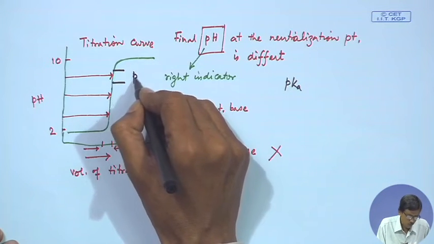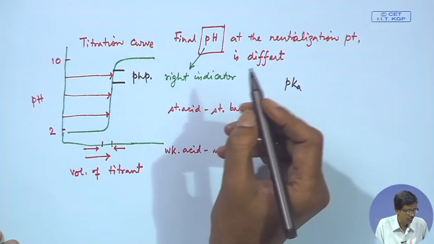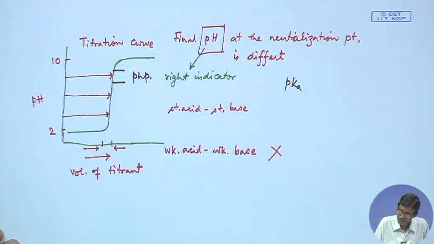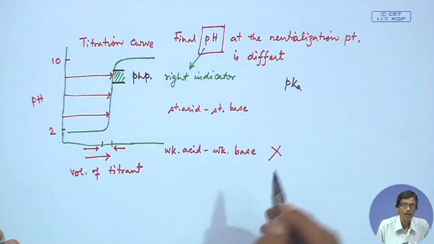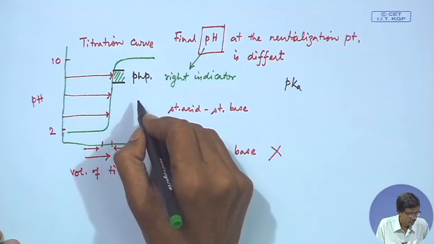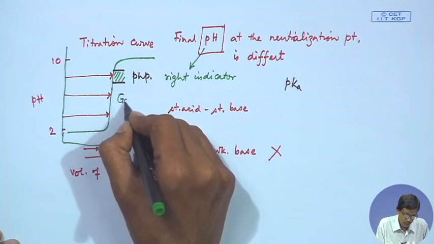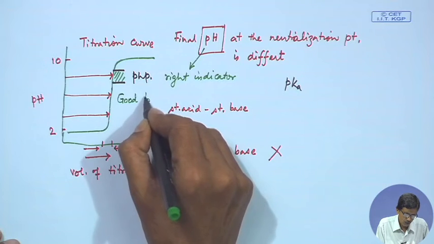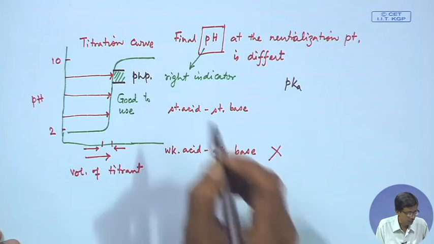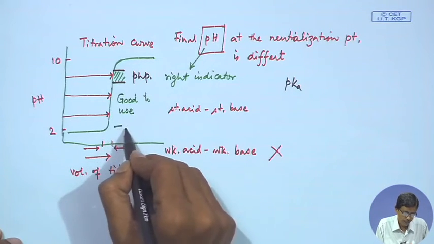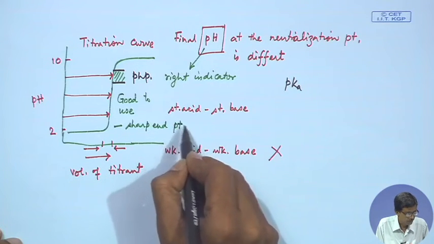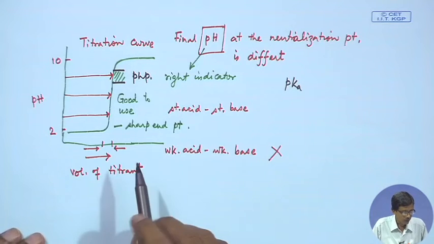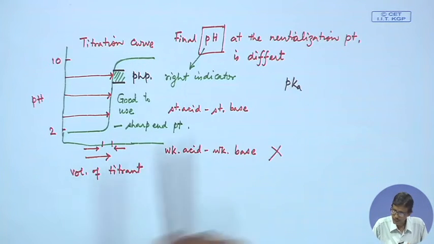So, phenolphthalein can be a good one. This is the corresponding indicator range for phenolphthalein, and therefore phenolphthalein is a good indicator to use for this particular type of titration where we get a sharp end point.